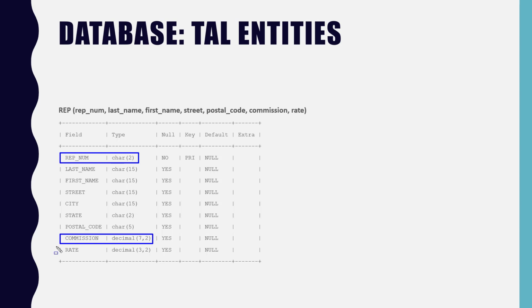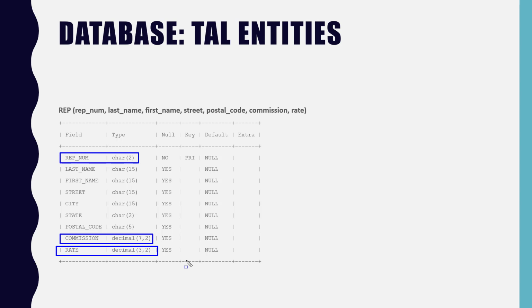Notice this one here, rate. Also decimal, 3, comma 2. So what's the largest thing that can hold? Largest number that can hold. Think about it. 3 digits total. 2 of them are to the right of the decimal point. So how many are to the left? 1.